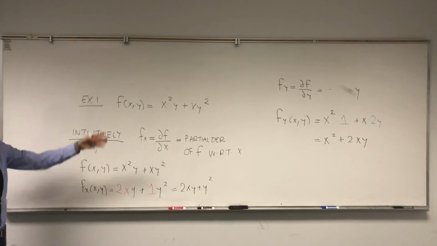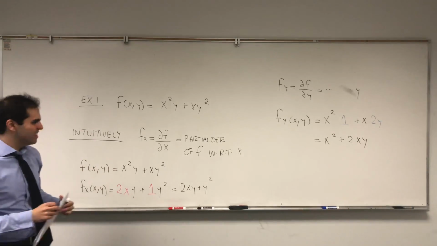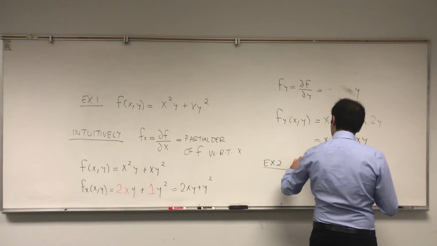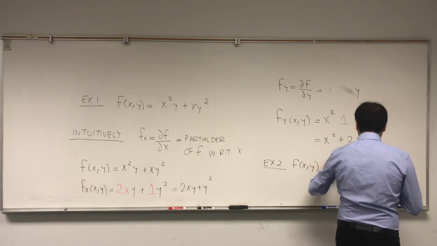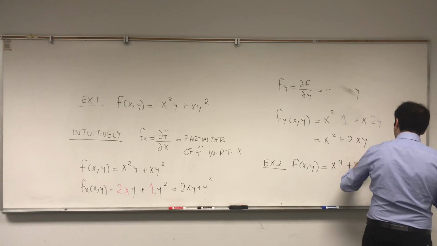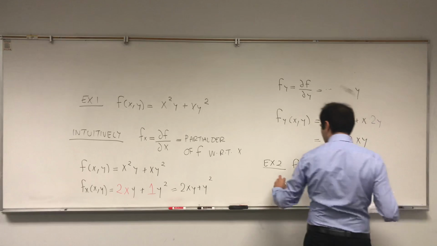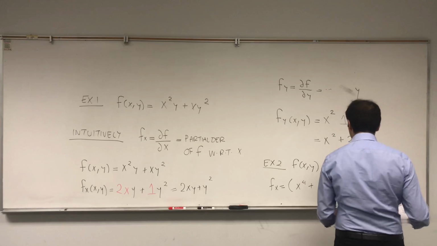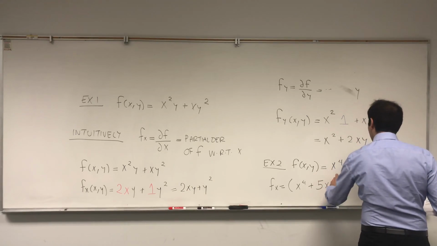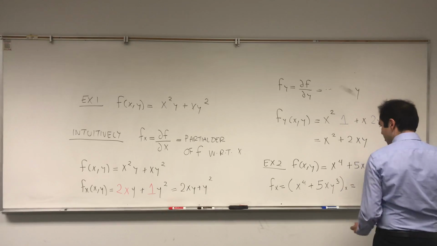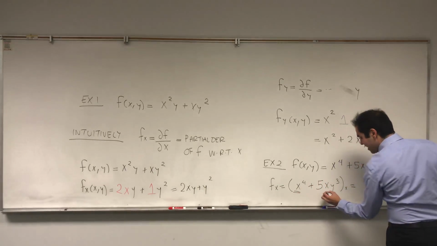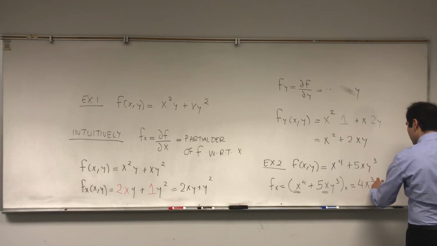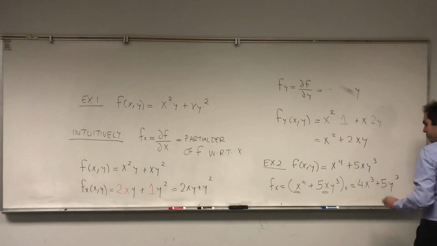Now, of course, here I did it very slowly, but in practice, you can do it more quickly. For instance, if f is x to the 4th plus 5xy cubed, then f_x is just this with respect to x. And again, you just take all your x's and differentiate with respect to x. So this becomes 4x cubed plus 5y cubed.